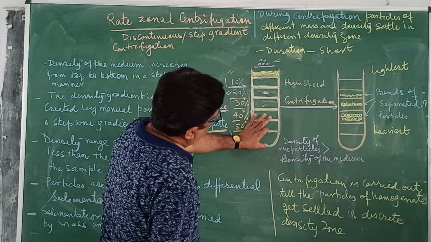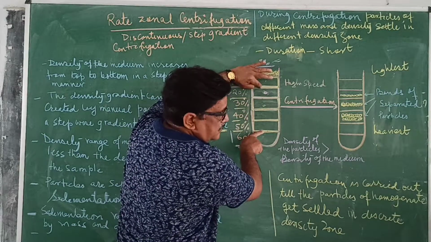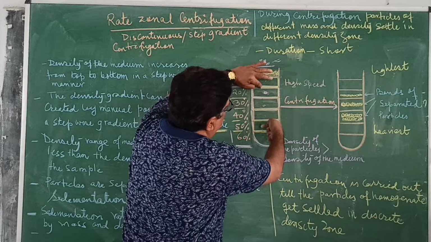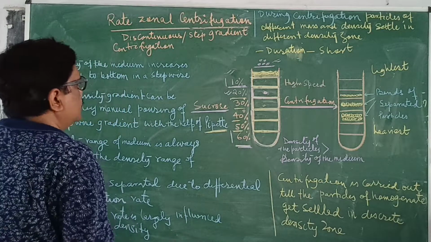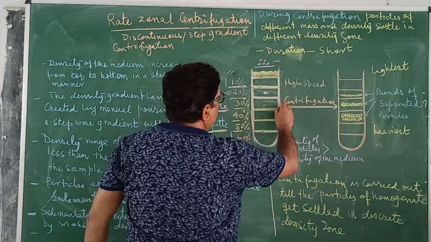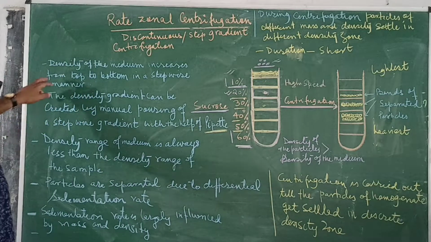The maximum density is here, the minimum density is here, and in between, the intermediate densities are present in increasing order in a stepwise manner. So this is the medium, and in this case, that is the same.